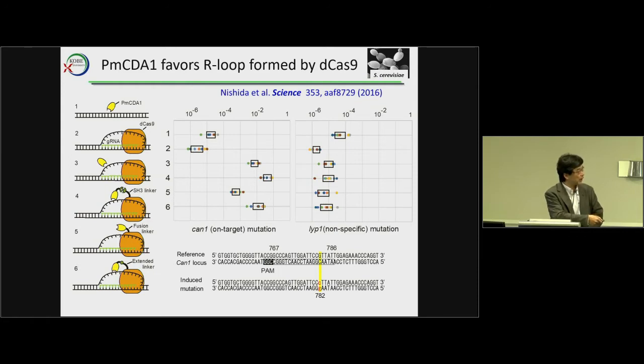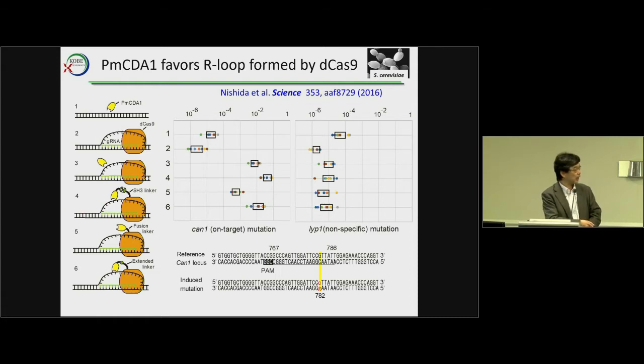Then if you look at cases 4, 5, where the deaminase is linked using short linkers, the efficiency of mutation is lower. So in that sense, we need a linker of enough length. But if you compare these free deaminase systems and these conjugated systems, the efficiency is kind of similar, surprisingly.